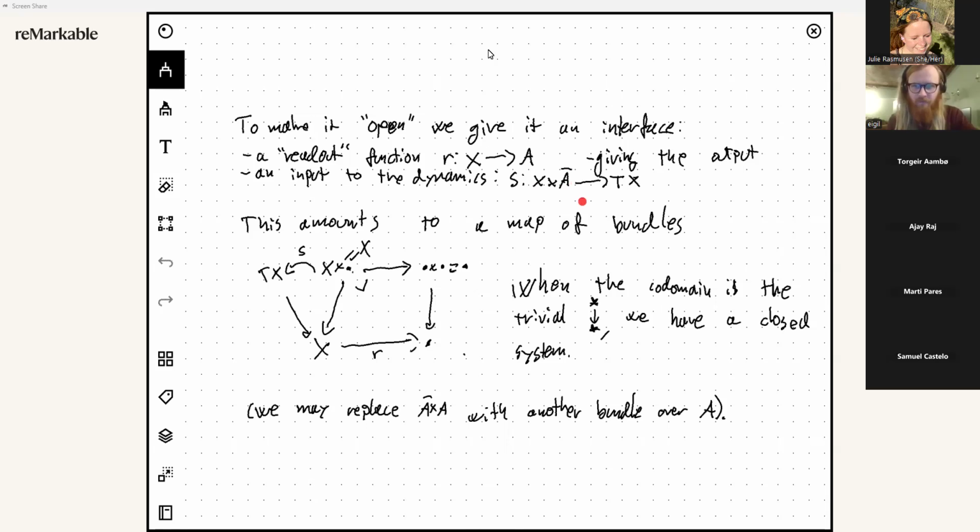And this a bar is a parameter that determines how the dynamics work. So this is some kind of system that's receiving some input all the time. It's being controlled by some signal or input that it's receiving from this set A.